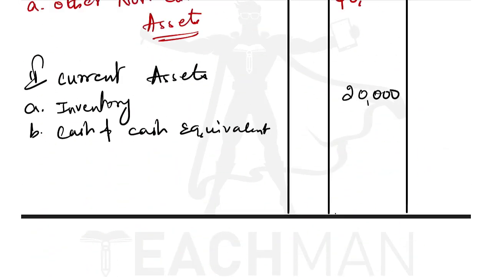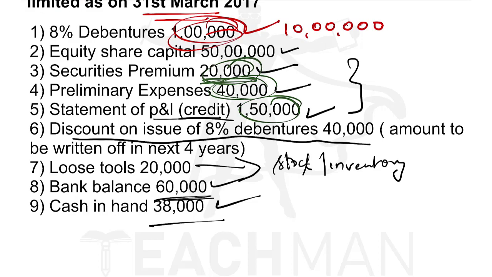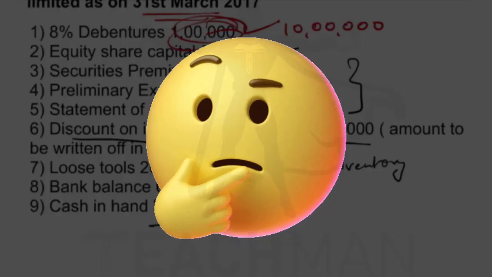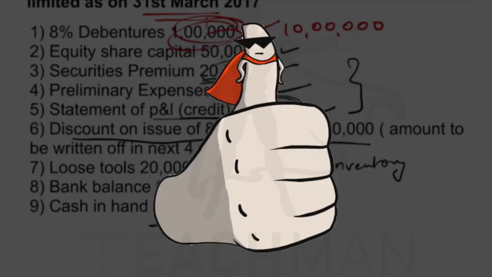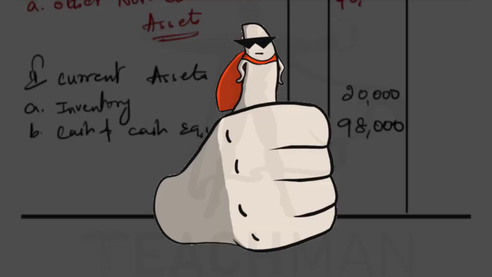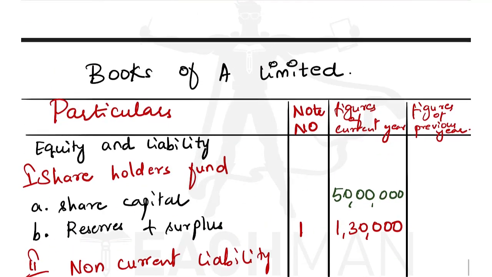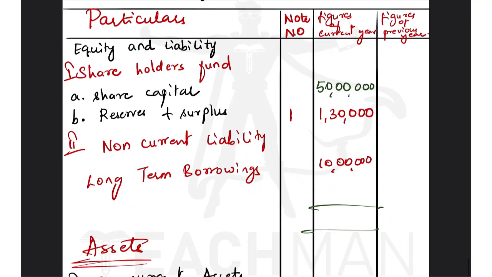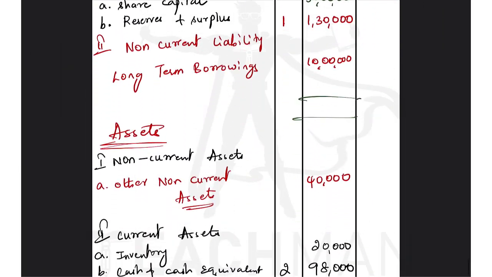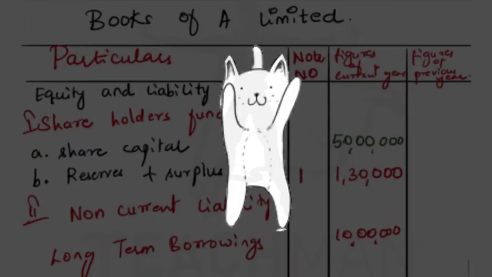So this is note 2, 98,000. Then the last item, is anything left? We have recorded everything, so nothing is left. So then no total is required. This is only a small sum to understand how to prepare a balance sheet. Hope you have understood this.